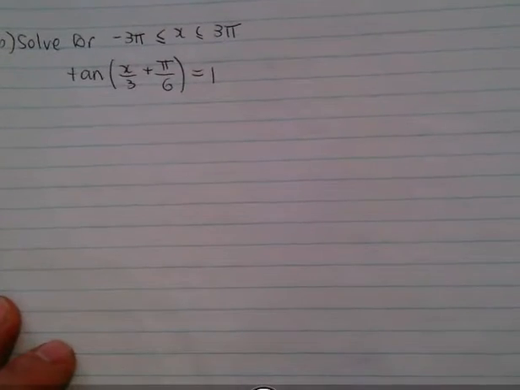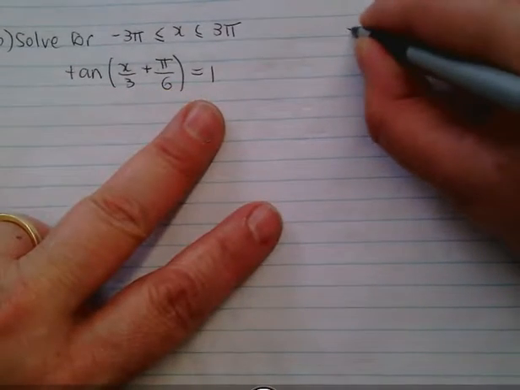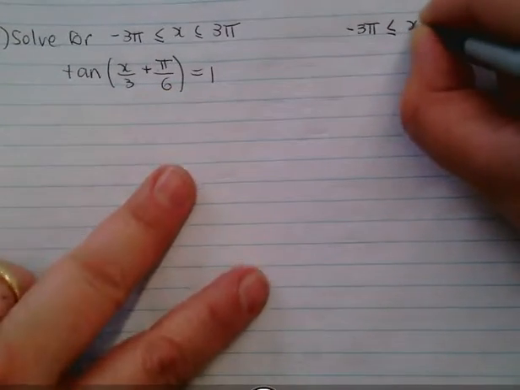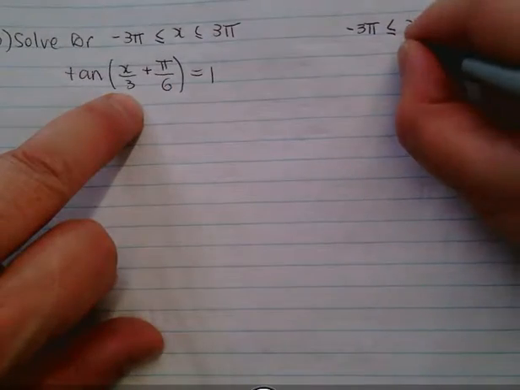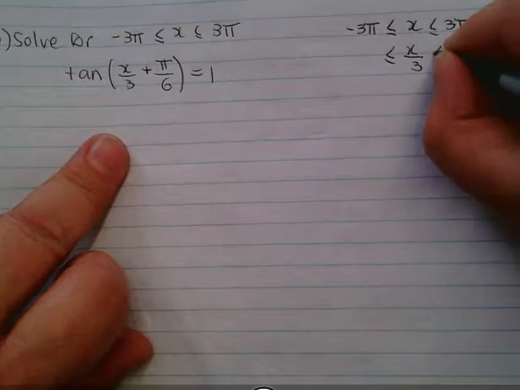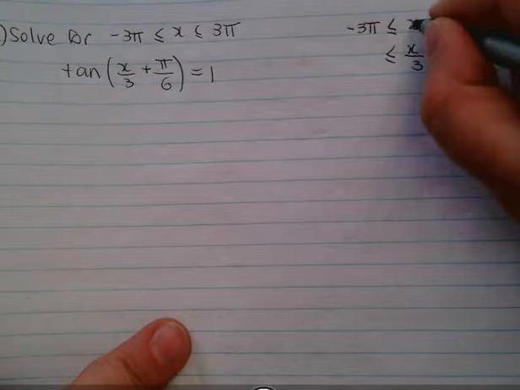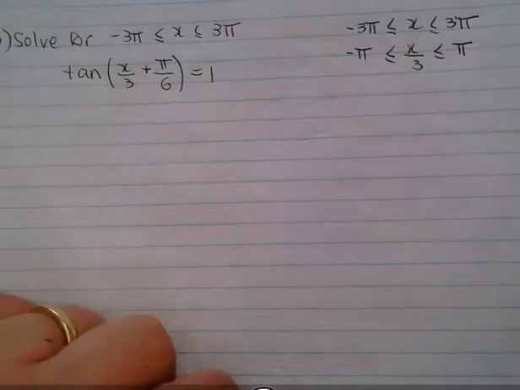So solve for x lying between -3 pi and 3 pi. So again, first thing you need to do is get your domain sorted out. Here we're working with x on 3 first. Don't worry about the pi on 6, just do your x on 3 first. It means to divide each of these by 3, and you get from -pi through to pi.